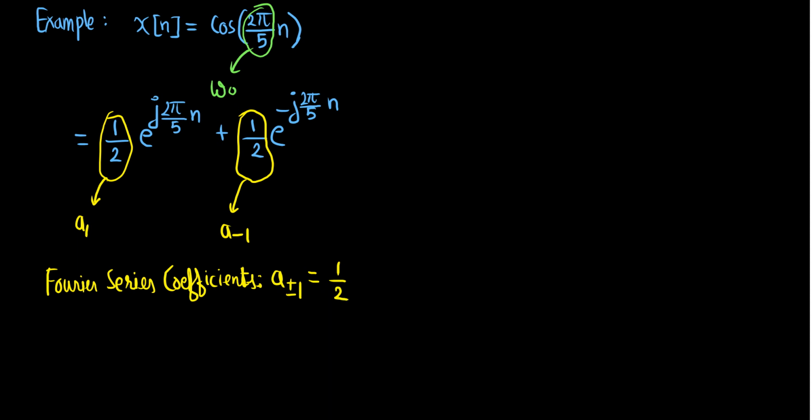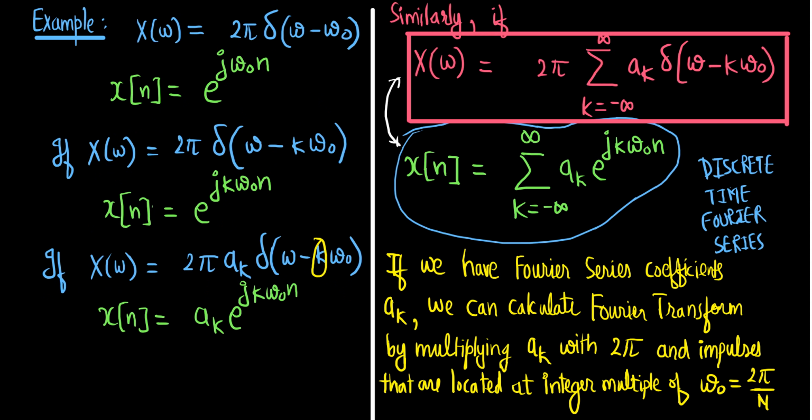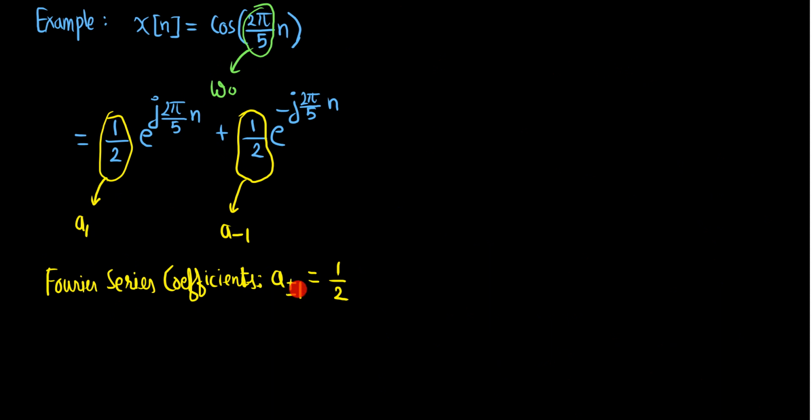Now from the expression that we have obtained previously, if we are aware of these a_k, we can calculate X of omega. So we are aware of these a_k's.